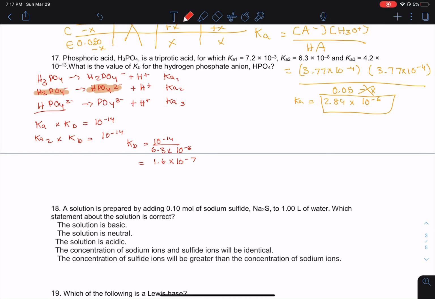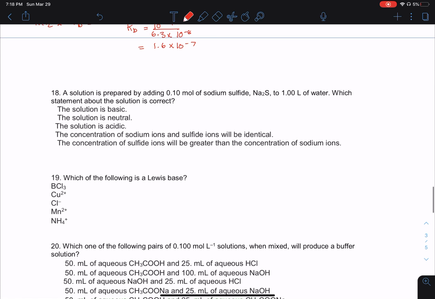Just make sure you understand the idea of conjugate acid-base pairs and how to deal with acids that are diprotic or triprotic as well. So number 18 talks about a solution prepared by adding 0.1 moles of sodium sulfide, Na2S, to 1 liter of water.